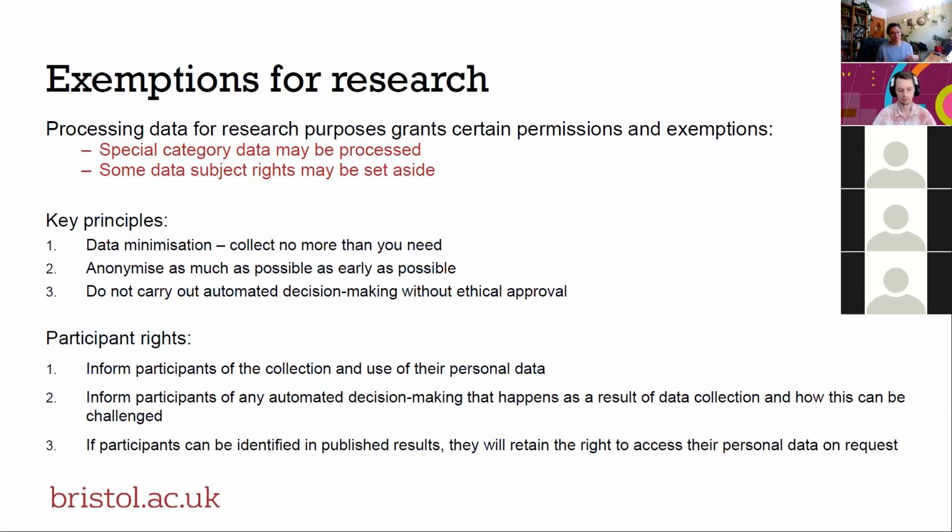If they can't be identified, so if they're anonymous quotes, or you've published anonymized data in any other way, then that third one doesn't apply, because you literally can't trace them back to the data that's been published. Again, another reason for anonymizing as much as possible, as early as possible, is that it removes the likelihood that you're going to be subject to these sorts of requests.